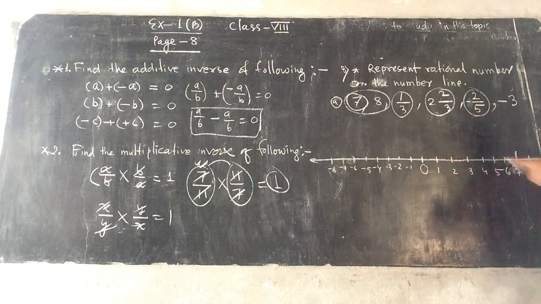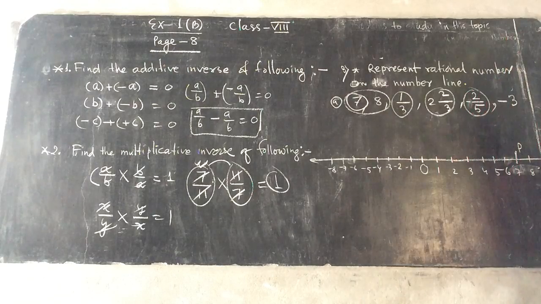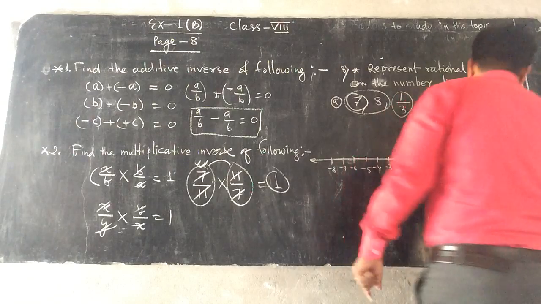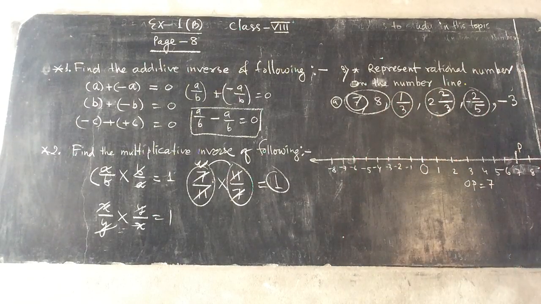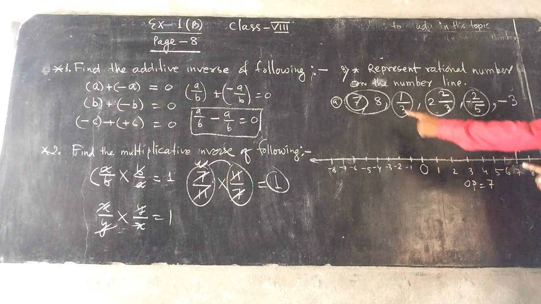So you write any name, OP. Down you write OP is equal to 7. OP represents 7.